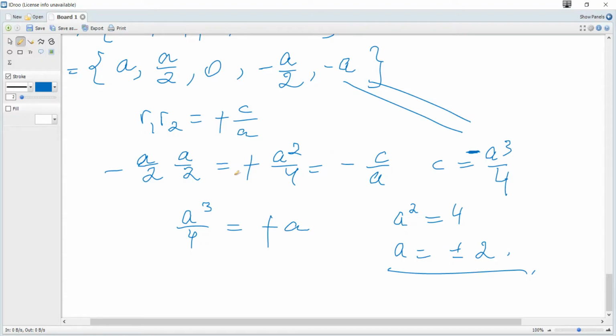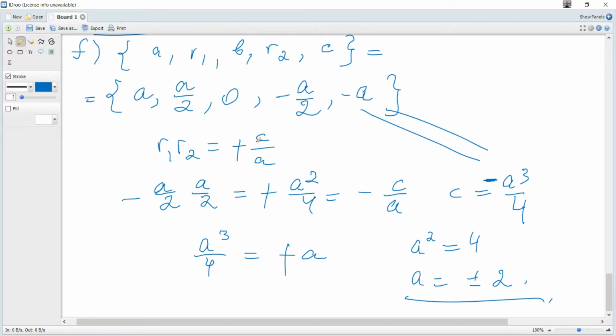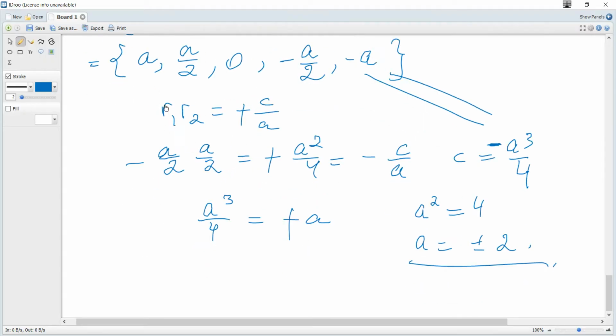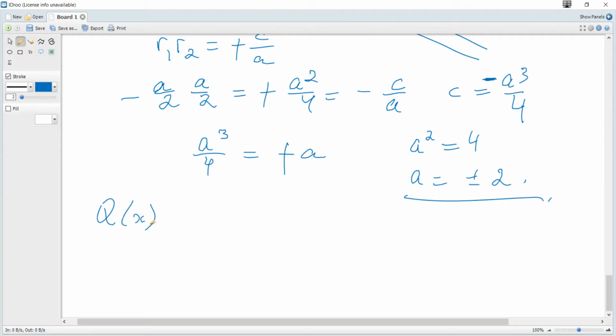And if we know A, we know everything. What do we need here? We need this function q of x, which is an AS quadratic function, of the form ax squared plus bx plus c.